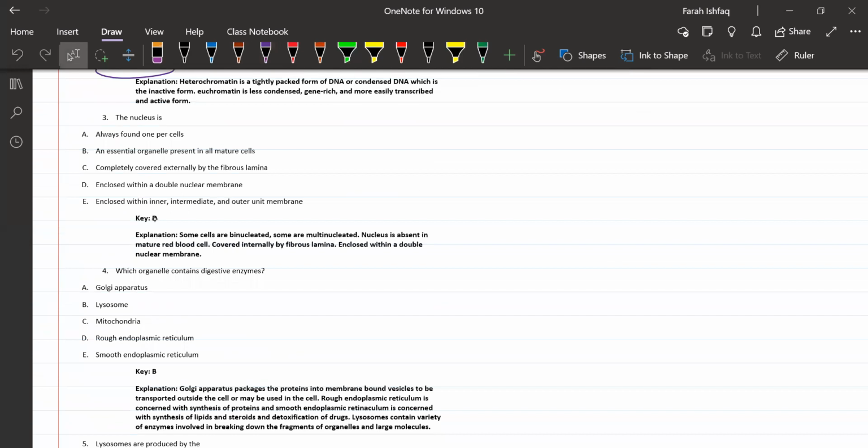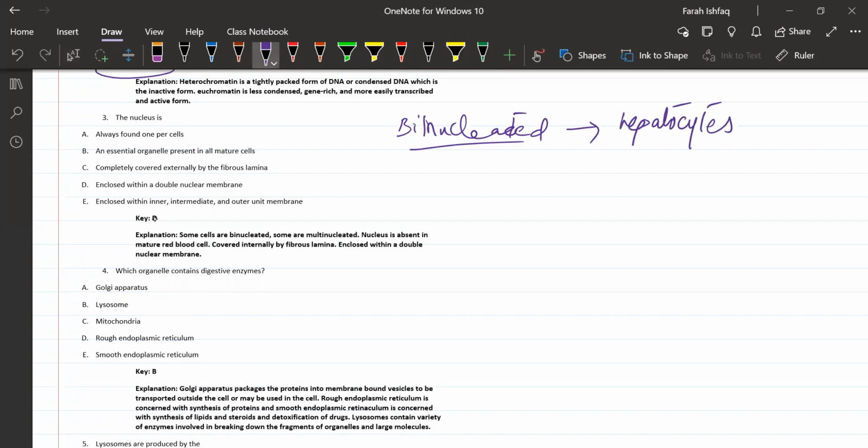Okay. The nucleus is always found one per cell? No, there are some cells which contain more than one nucleus. For example, some cells are binucleated, for example hepatocytes. They have two nuclei per cell. An essential organelle present in all mature cells?